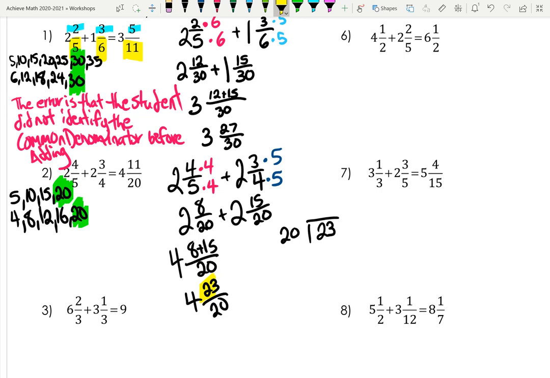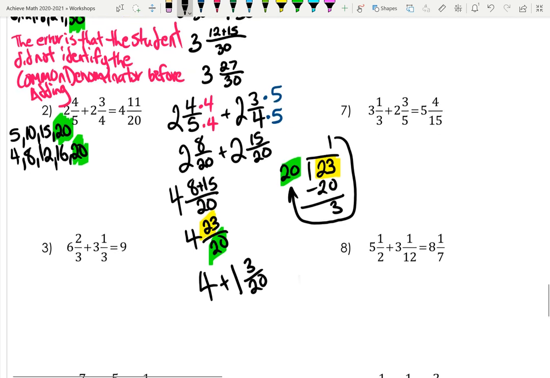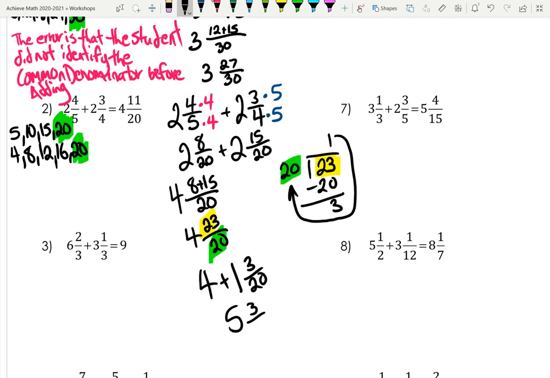Notice first in line, first in the box. My divisor is on the outside. 20 goes into 23 one time, leaving me with 3. Turning this problem into 4 plus 1 and 3/20, which turns into 5 3/20.